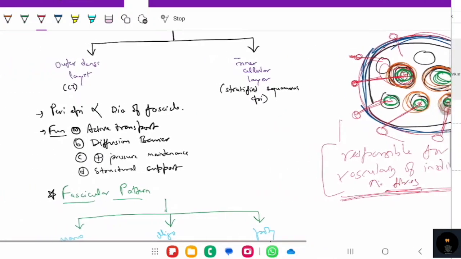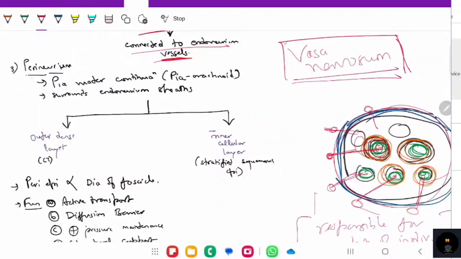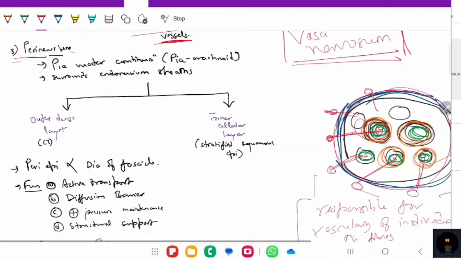Moving on to the next point, we have perineurium, the third layer. Perineurium is a very important layer from the point of view of an oral and maxillofacial surgeon. Why?